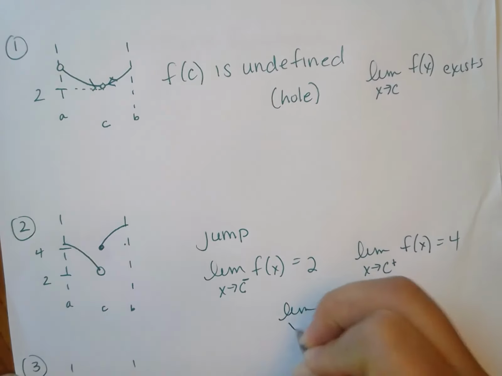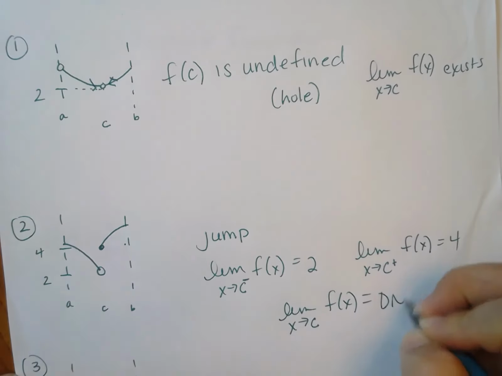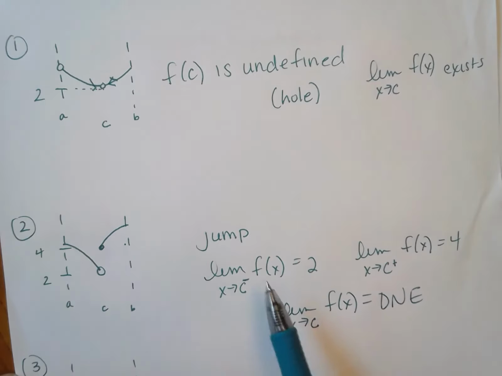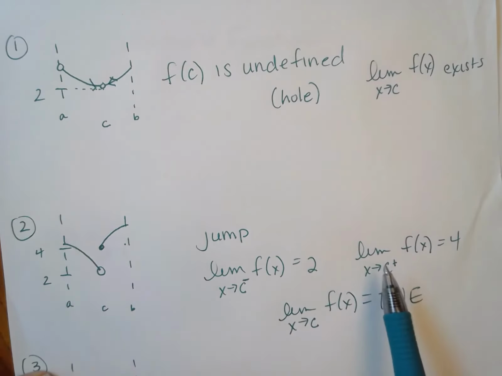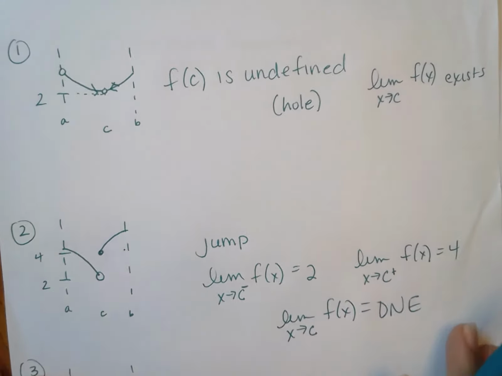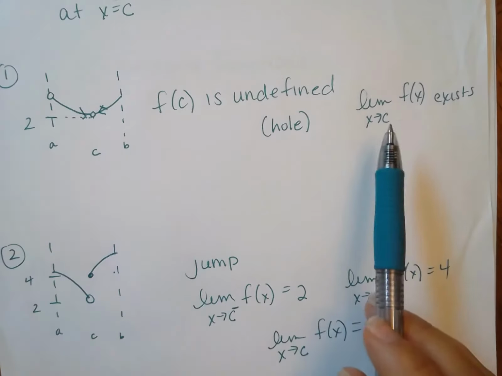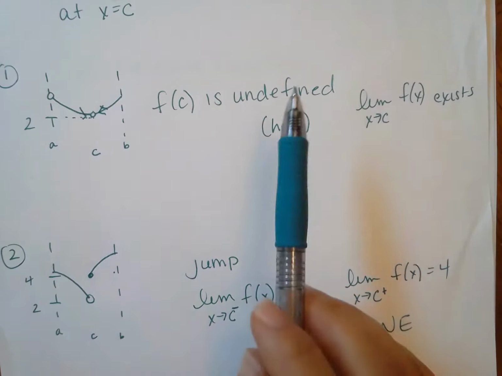So the limit as x approaches C of f does not exist, because the definition of a limit is that the right and the left-hand limits have to exist and they have to agree. So the overall limit here does not exist. So this is the way to show mathematically, if I have a hole, that the limit exists, but f of C is undefined.